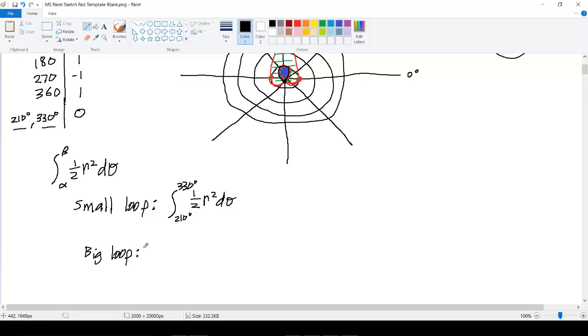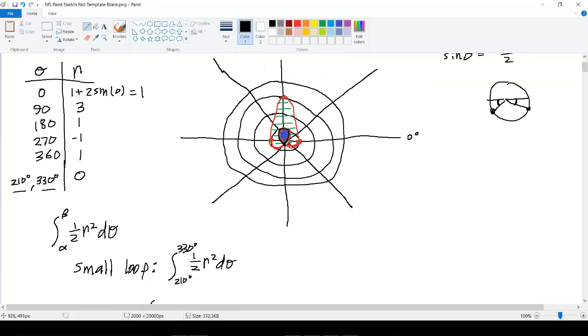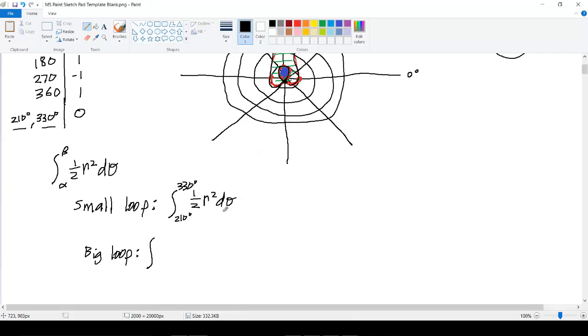Okay, so the big loop starts at 330 and then goes all the way around here until it gets back to 210. It shouldn't make a difference.